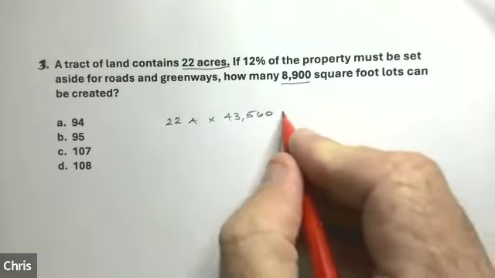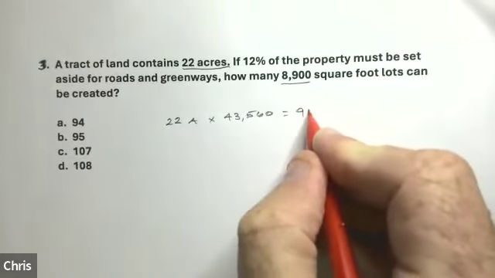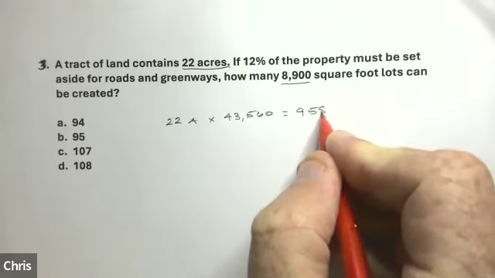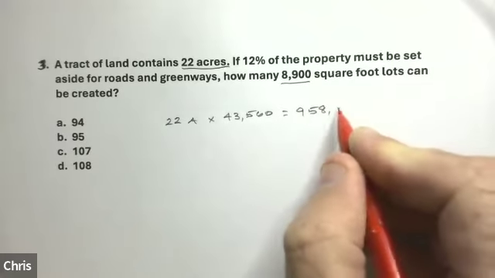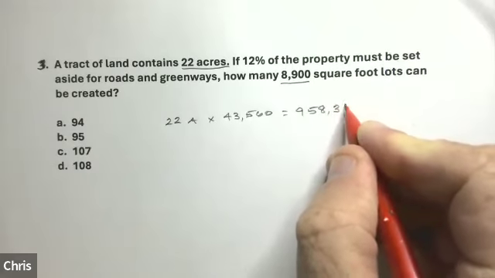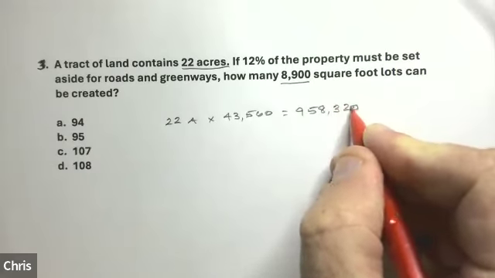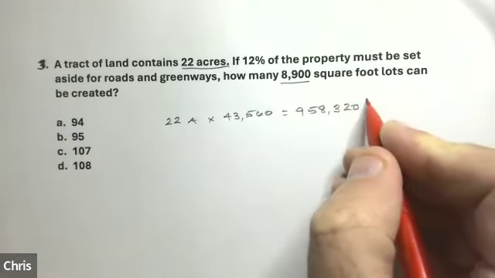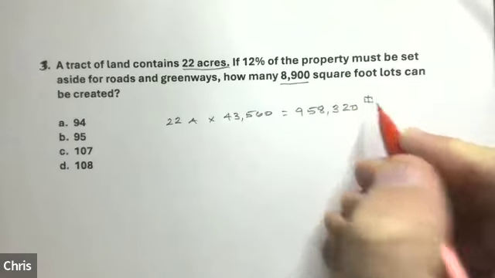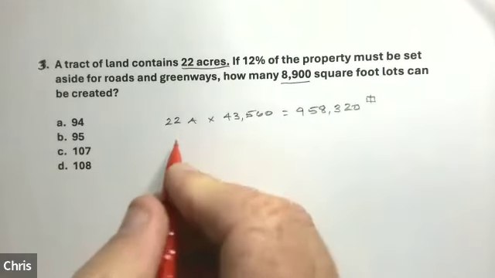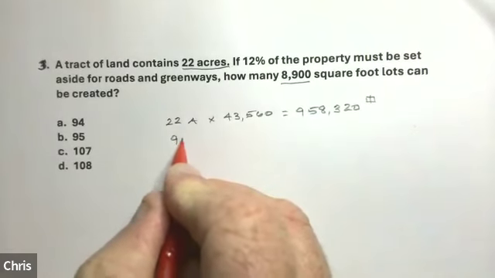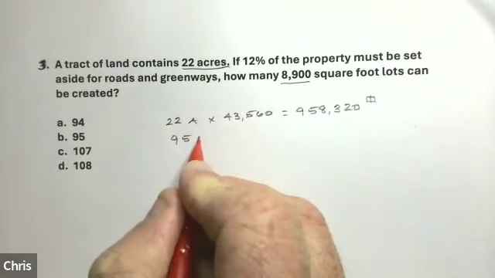Therefore, in 22 acres, there are 958,320. And you say, well, what is that number? That's the number of square feet in 22 acres. Okay. So now here's the next part of this problem is that we can't use all of this property.